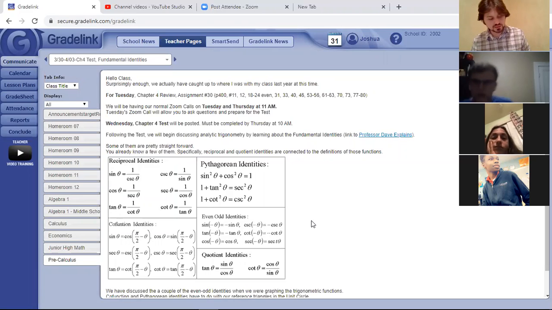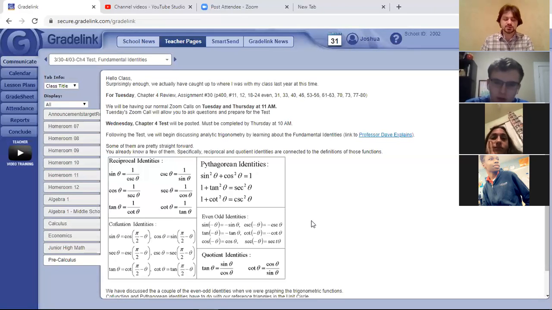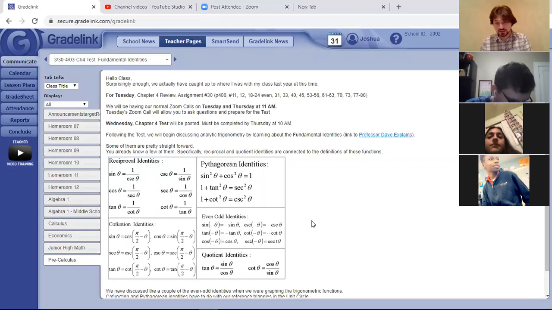Yeah, the 16-point unit circle in your textbook is on page 346. So if you need to look back there, if you don't have your notebook with you, page 346 in your textbook is where the unit circle is.